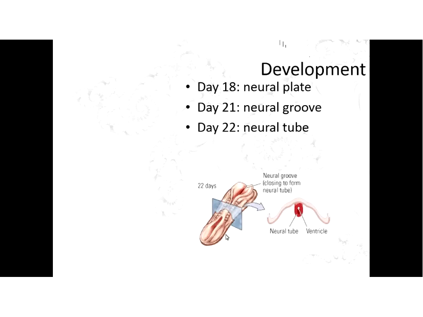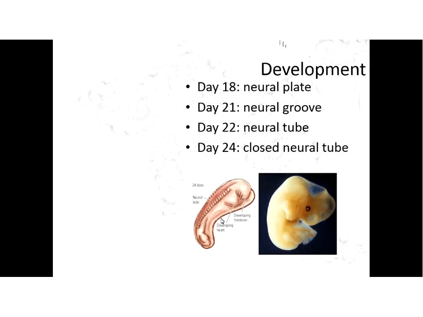By day 22, at that middle portion, we see that the neural groove actually pinches off and forms the neural tube. And then that will proceed both rostral and caudal along that neural groove. So by day 22, we see the neural tube forming and it'll start to close.